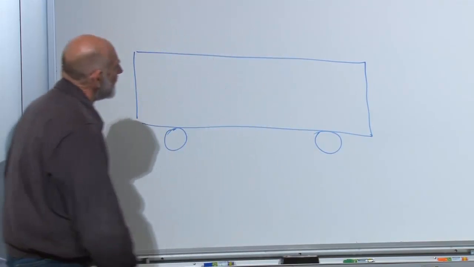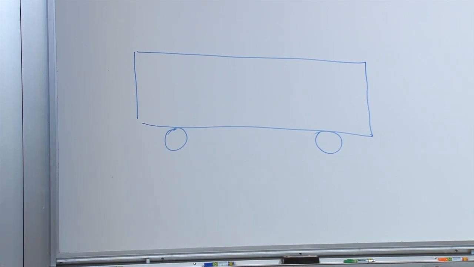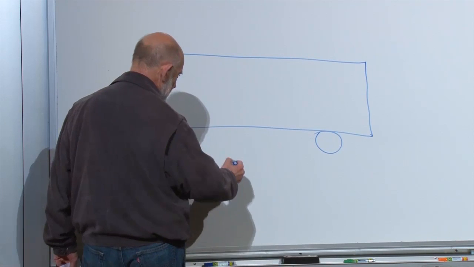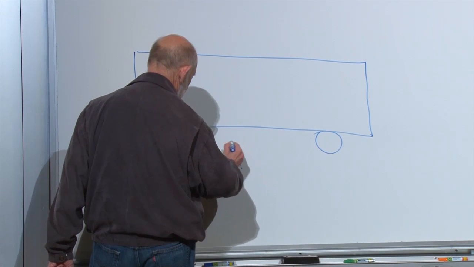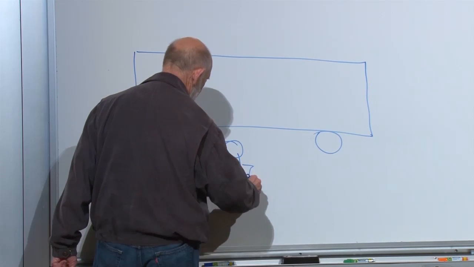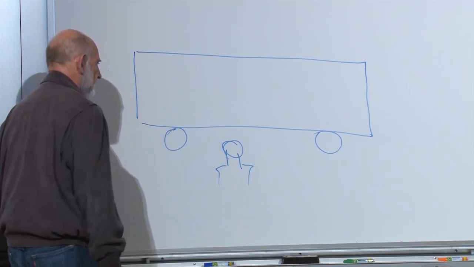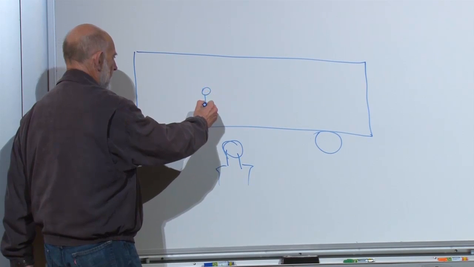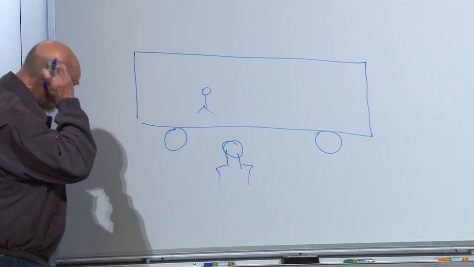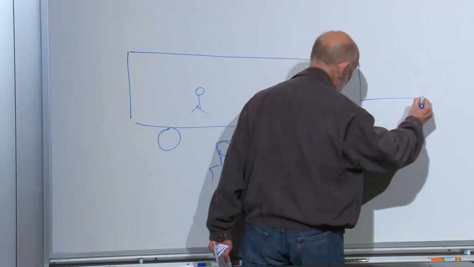That's the train. Okay, there's an observer in the train, and there's an observer in the tracks, or an observer in the station. Here's the observer in the station. Here's the observer in the train. And the observer in the train is moving with velocity v.